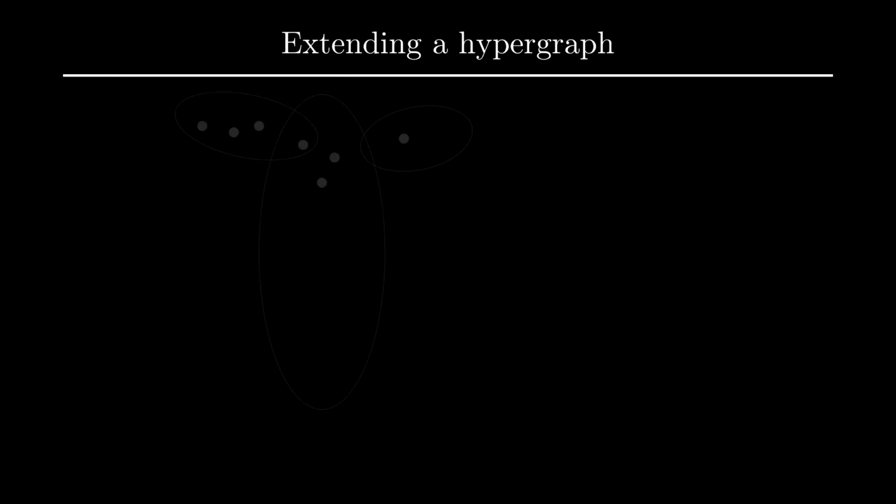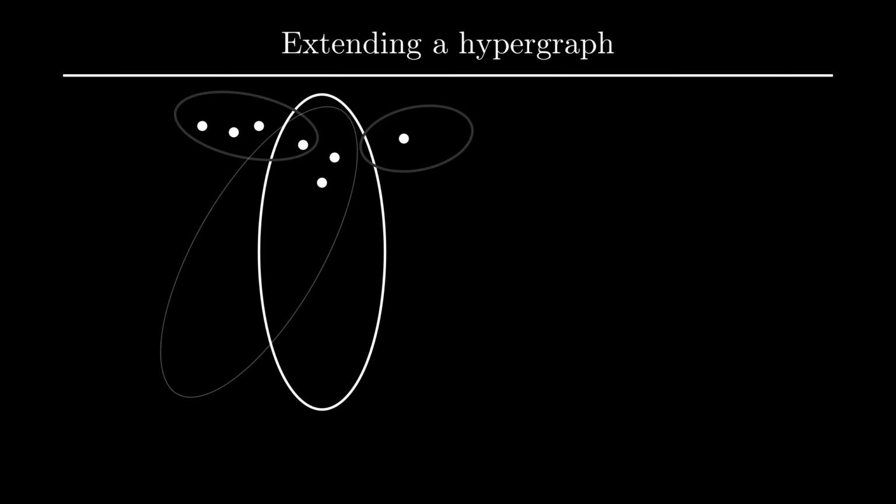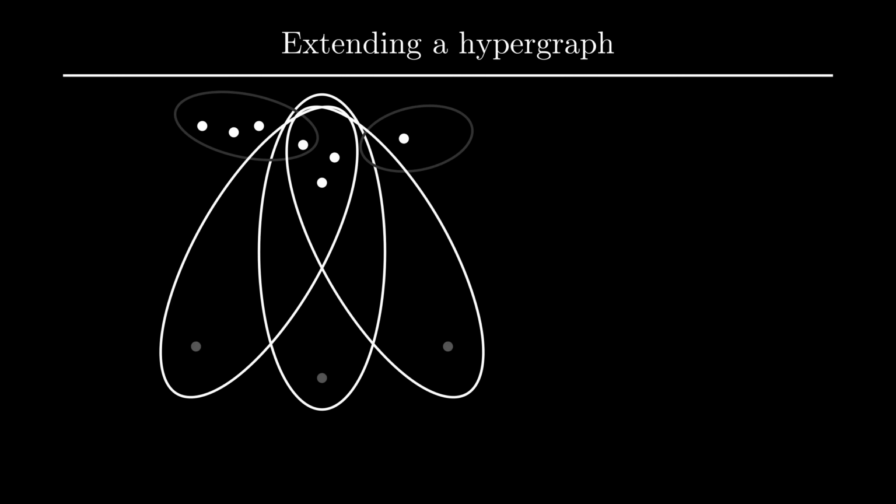In each step, we will pick one edge of our current hypergraph, and we want to replace this with some other edges and vertices so that the hypergraph remains non-three-colorable. So we take several copies of this edge, and in each copy we add a new vertex.